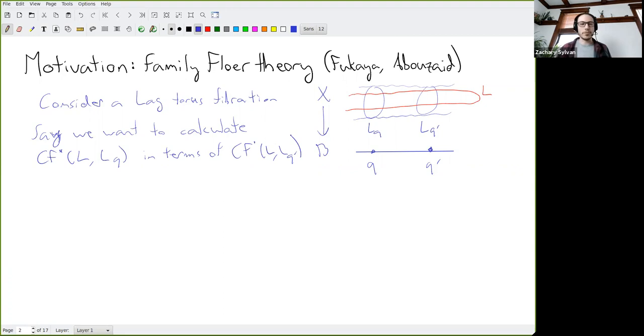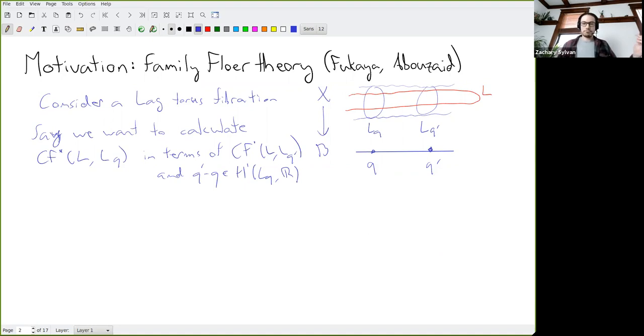That's a thing we might want to do. And I guess we should allow ourselves this vector q prime minus q, which is some class. Remember, for a torus fibration, the base is identified with H^1 of the Lagrangian. This is something in H^1 of L_q, in this case, just with real coefficients.